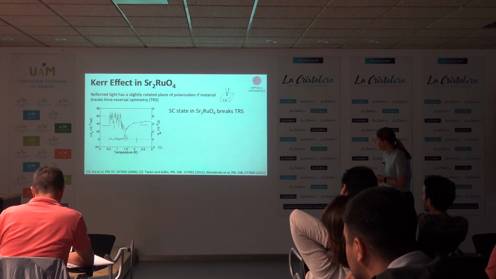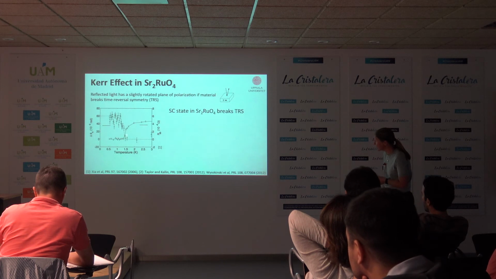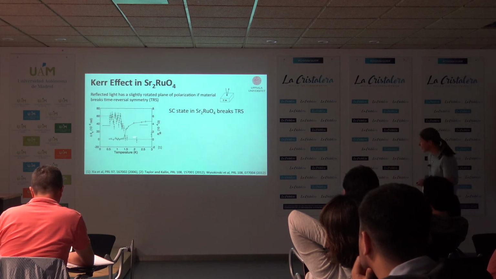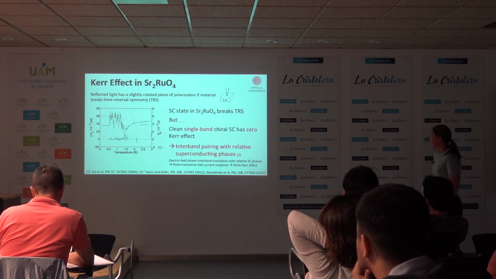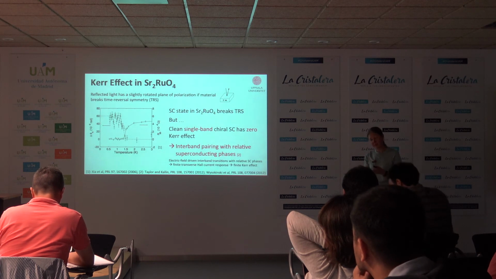Here is the superconducting resistivity coming down, and here is the curve of this rotation angle. It's in nanoradians, so it's really small, but it looks statistically significant. So that was assumed as a big point showing that Sr2RuO4 breaks time reversal symmetry in the superconducting state.